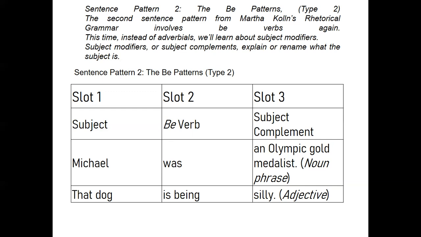Number 2, the dog is being silly. We have the dog as the subject, the be verb is being, and the subject complement is silly. Whatever part of speech it is, as long as it gives a complementation, a modification, explanation, or rename to the subject, it will always be the subject complement.